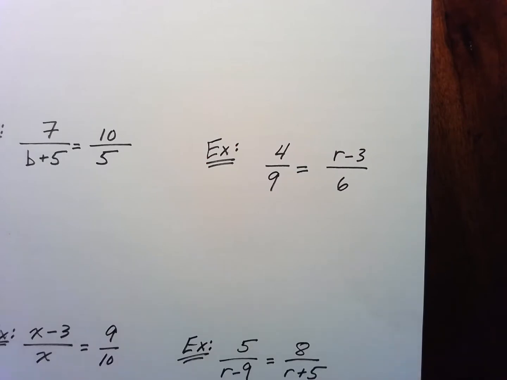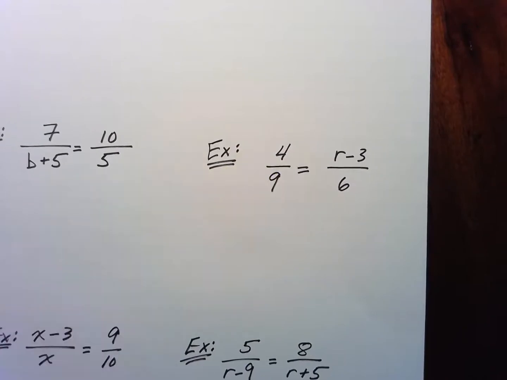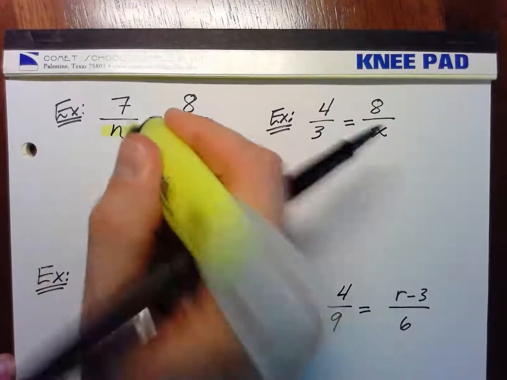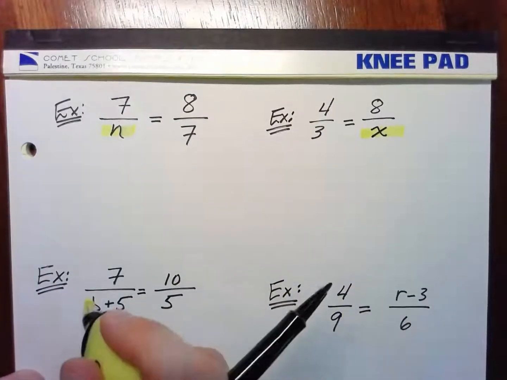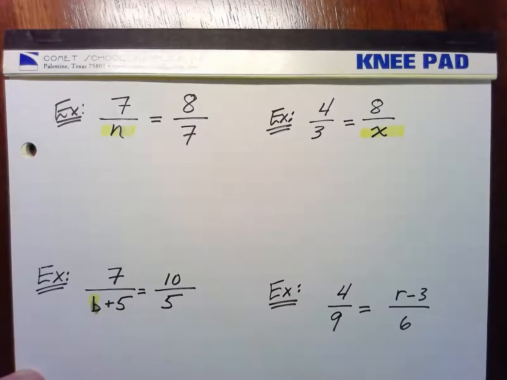Okay, so here, I'm going to take my highlighter and highlight the variables so that we're all aware of where they are, because sometimes they can be sneaky and sometimes you don't see them. So here is the variable in this problem, here's the variable in that problem, here's the variable in that problem, here's the variable in that problem, and I'm just going to stop there for right now.